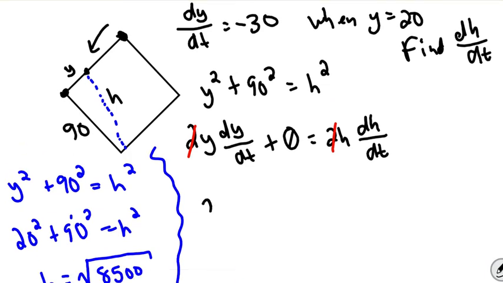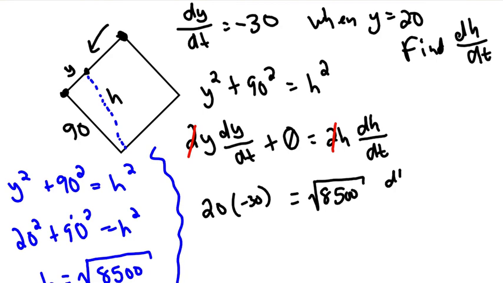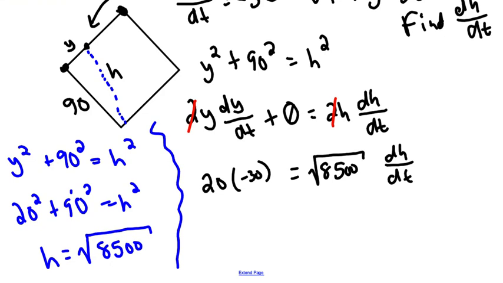So y is 20. dy/dt is negative 30. Equals h is the square root of 8,500. Okay, we don't have any problem plugging that into our calculator, so there's no reason for us to round it. dh/dt. All right, so negative 600 divided by the square root of 8,500.